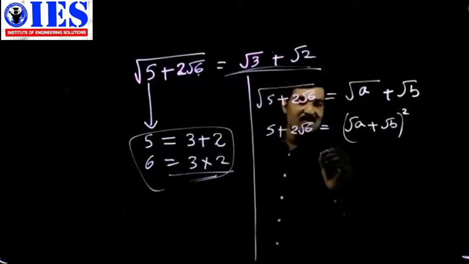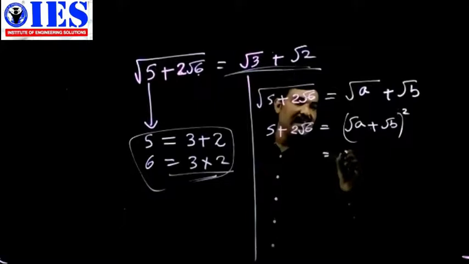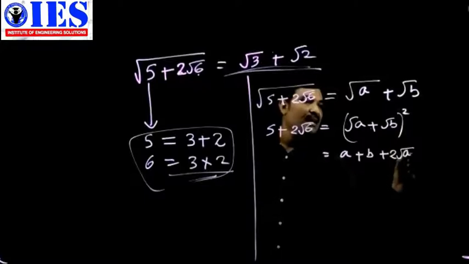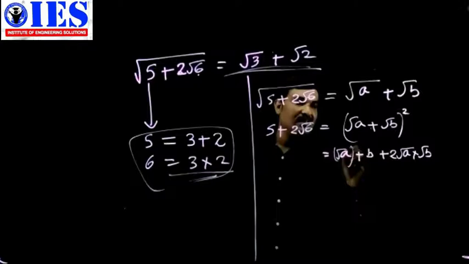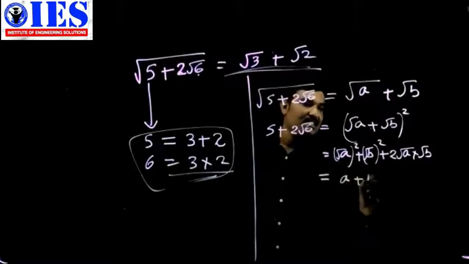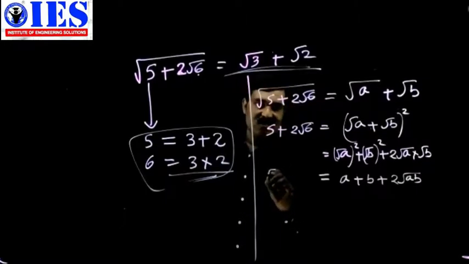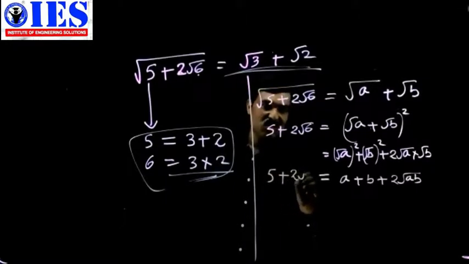Now simplifying, we get a plus b plus 2 times square root of ab, and the LHS is equal to 5 plus 2 root 6.